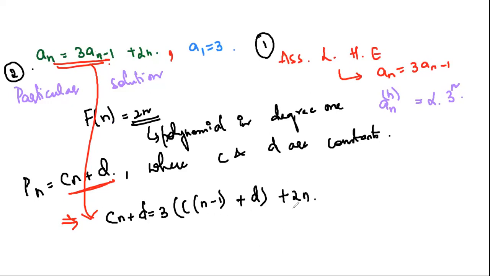Now we will solve this equation completely, bring all the terms to one side and equate it to 0. So when we do that, we will get 3 into 3cn minus 3 plus 3d plus 2n.